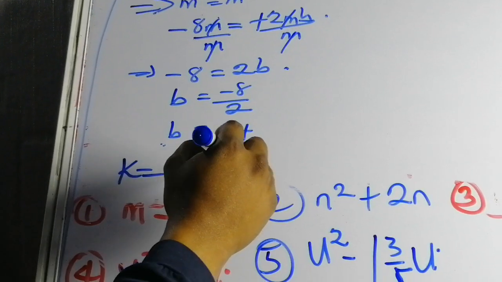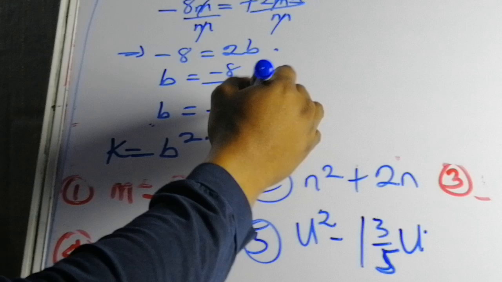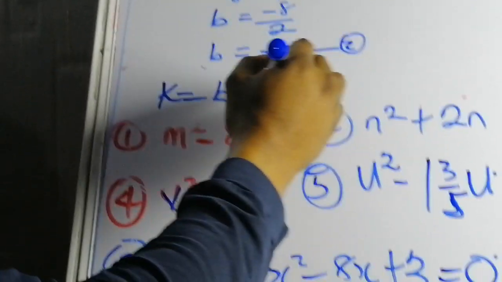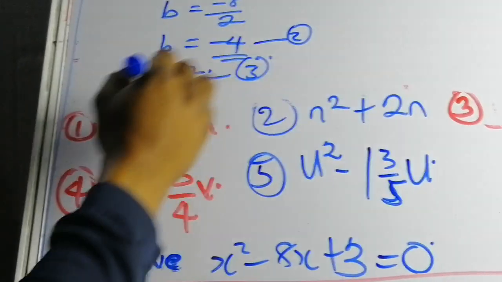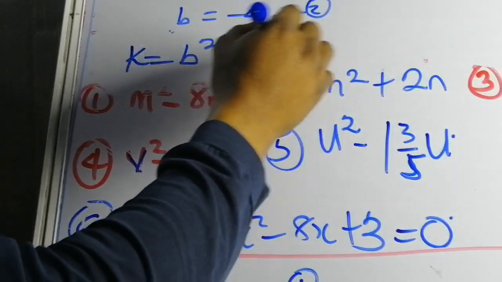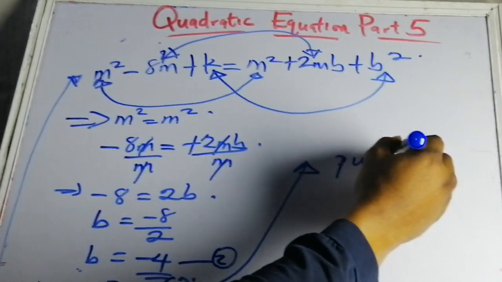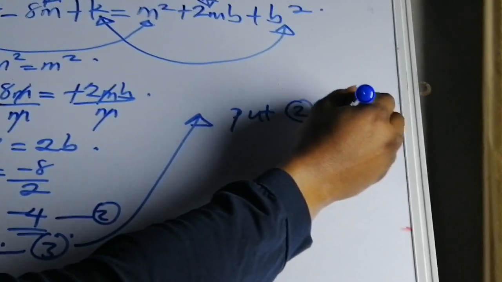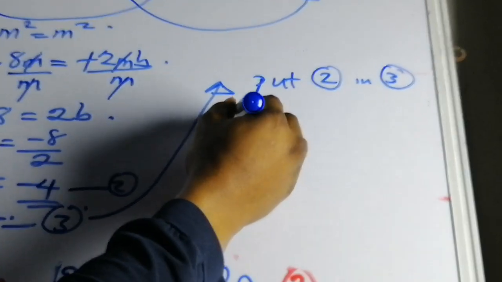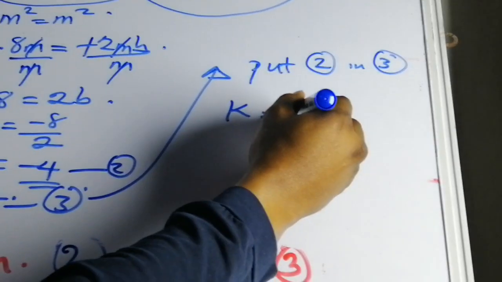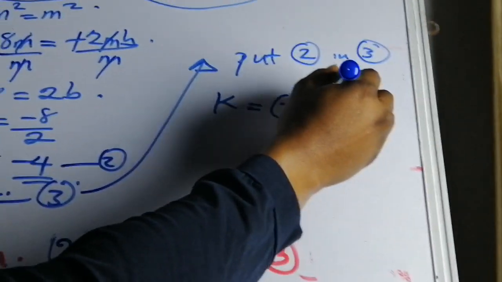So it means I can substitute. I can say, okay, this is 2, I can say 3. I can continue this here. Put 2 in 3. So it means that my k will now be what? Minus 4 all squared.